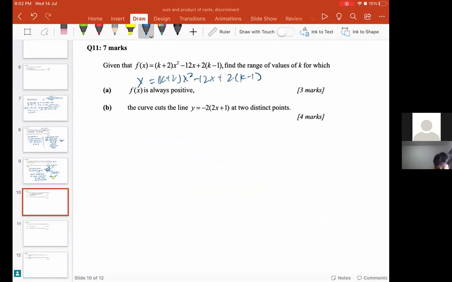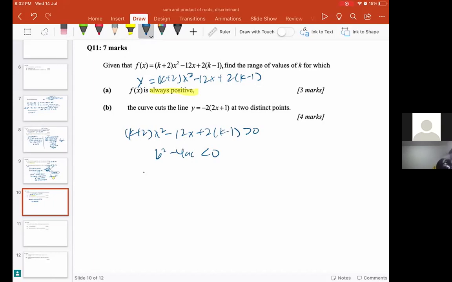Always positive means the value is always greater than 0, which means b squared minus 4ac is lesser than 0. So once again, we see this kind of word come up, always positive. We immediately link it to our discriminant.